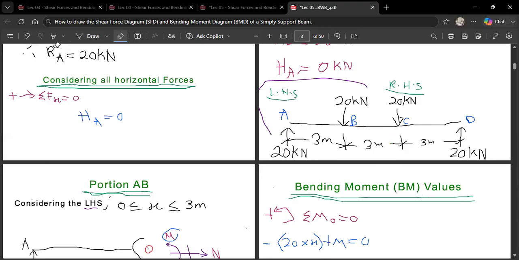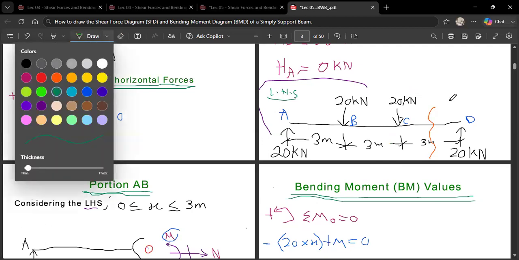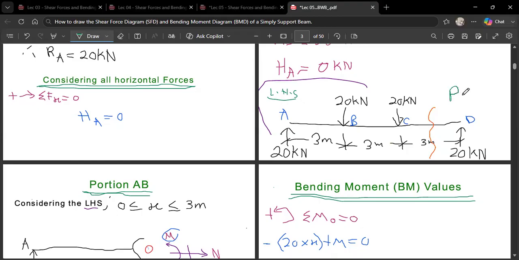Yes. So you see, this time I'm going to take the cut over here. So this is CD. If you want to consider the left hand side, you can imagine how long it is going to be for you. If you want to consider the right hand side too, you can just imagine how long it is going to be for you. In this case, this is the right hand side, just this small one.